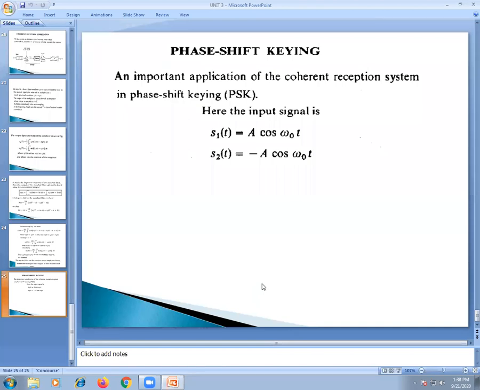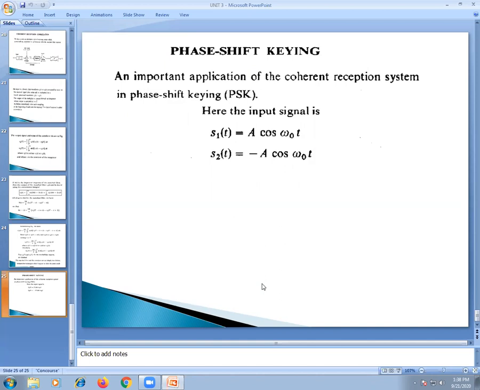The correlation function input is Vi, that is S1 of t plus N of t, or S2 of t plus N of t, which is given to a multiplier. Another input to the multiplier is the local signal. What is the local signal? The difference of the input signals, S1 of t minus S2 of t.